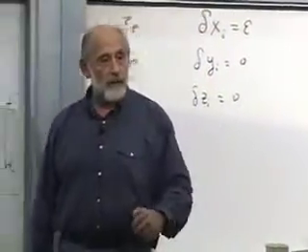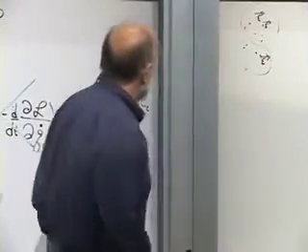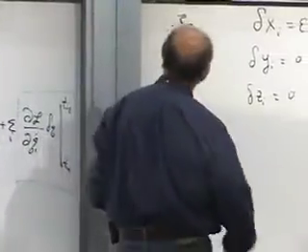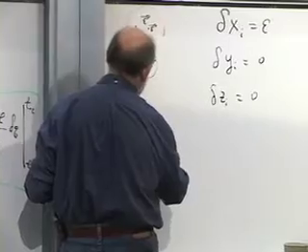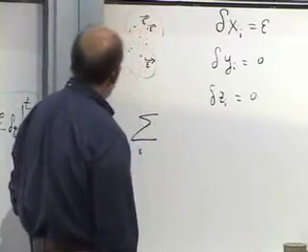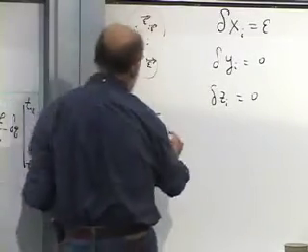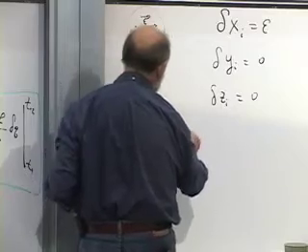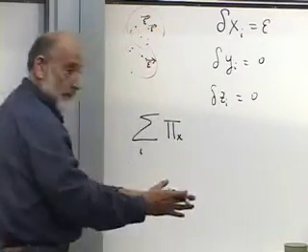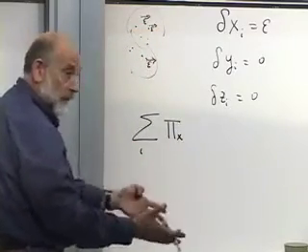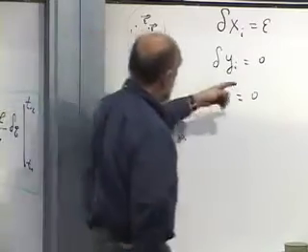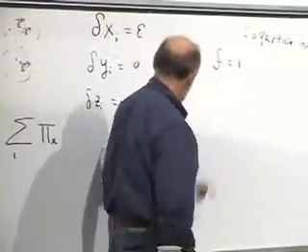Now let's calculate the Noether charge. We sum over all of the particles, sum over I, of the canonical momentum conjugate to the x coordinate times f, which is just 1.